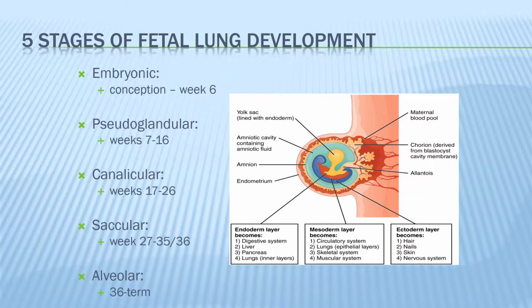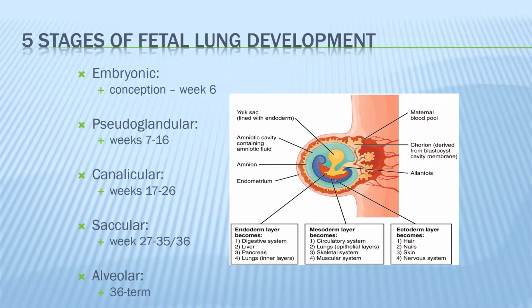Some of the major things that are occurring during this time is the terminal and respiratory bronchioles are multiplying, the airways are growing in length and diameter, and this is a huge time for vascularization right now. By week 20 to 21, we have capillaries present, and by 24 weeks, 23 weeks, the capillaries are actually close enough to the air sacs to allow for gas exchange.